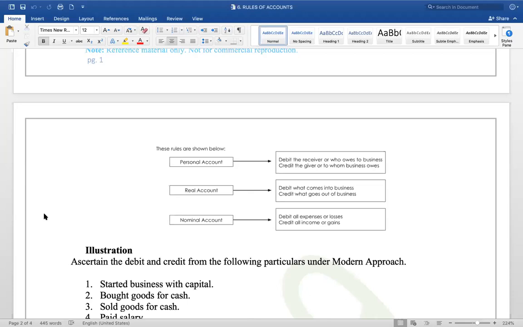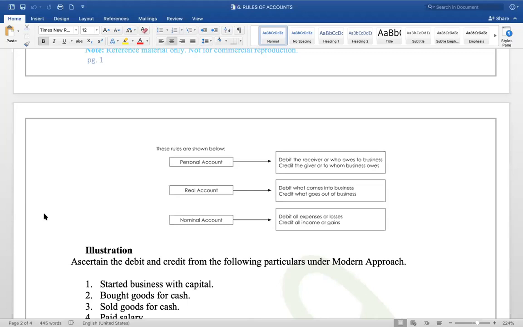Next is real account: debit what comes into the business, credit what goes out of the business. Nominal account. Lalita, read the third one. Nominal account: debit all expenses or losses, credit all incomes or gains.